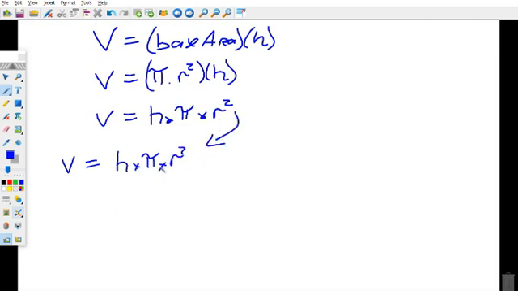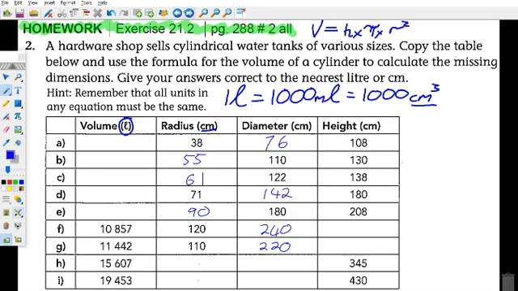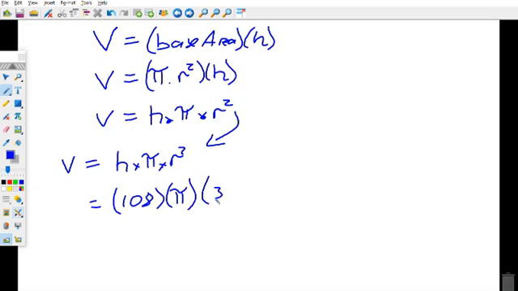We found what that is. We have my height, 108. We have the radius. We know what pi is. You can plug it in your calculator. And we know the radius is 38, squared. So then we just have to find out the volume.